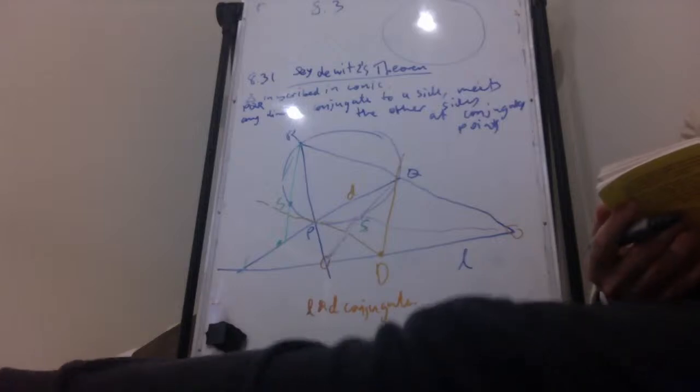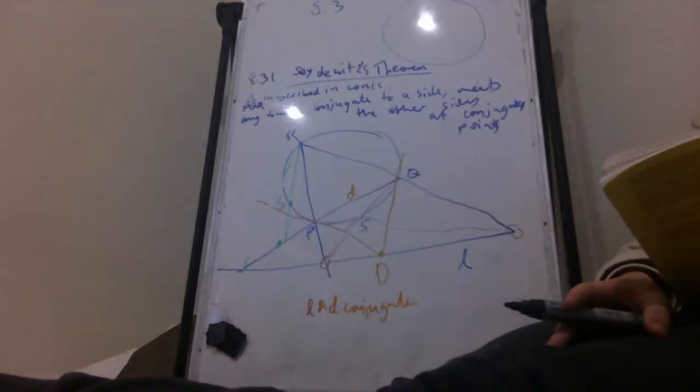From a self-polar triangle whose side C contains the conjugate points A and B, one on QR and the other on RP. One on QR and the other on RP, huh?